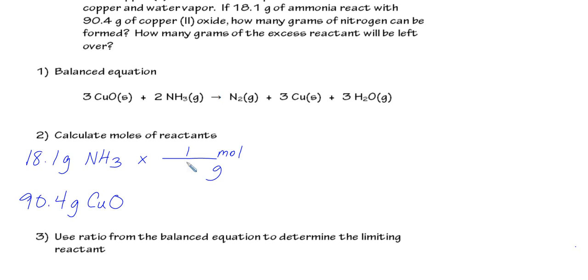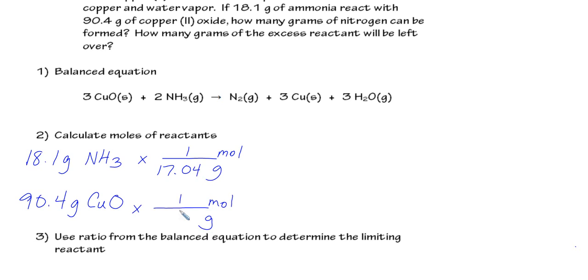Let's see here. Nitrogen, 14.01 plus 3 hydrogens gives me about 17.04. I don't need to show work for the molar masses, but I do need to show this step on calculating moles.